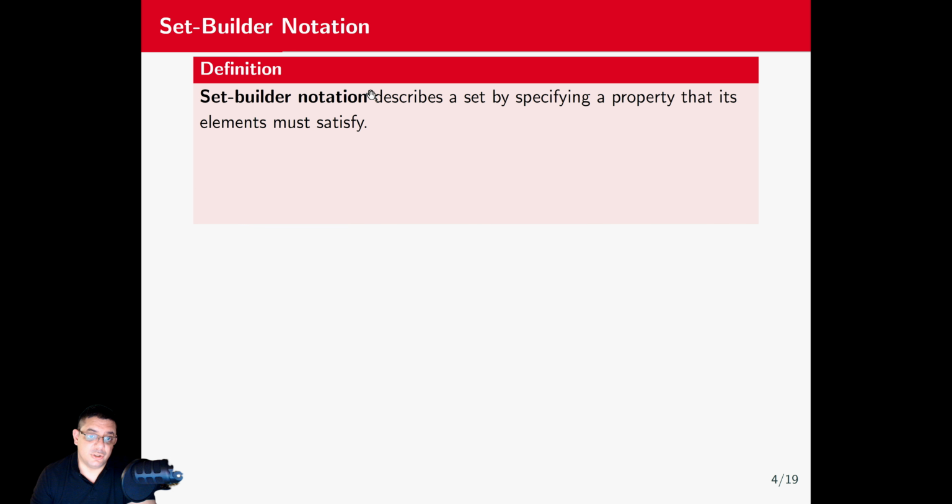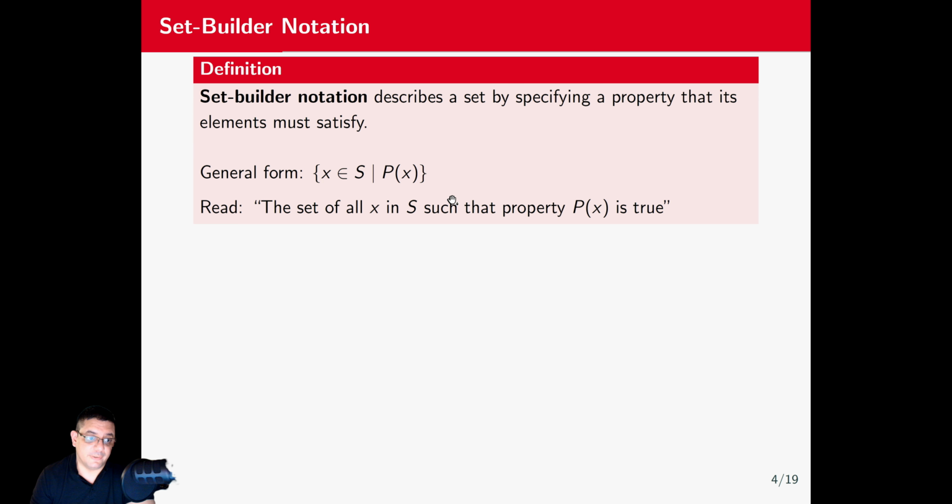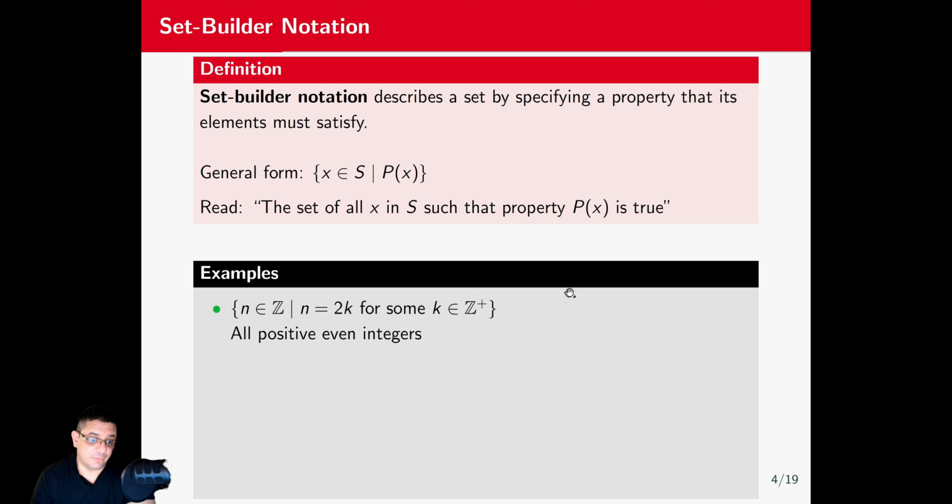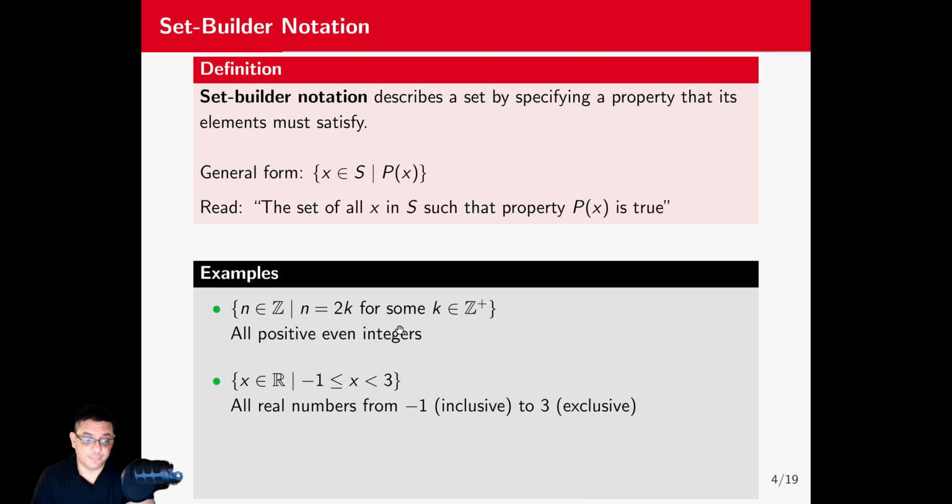The set builder notation, on the other hand, describes a set by specifying a property that its elements must satisfy. The general form is {x ∈ S | P(x)}, the set of all the x in S such that the property P(x) is true. One example of this will be {n ∈ Z | n = 2k for some k ∈ Z+}, which means all positive even integers.